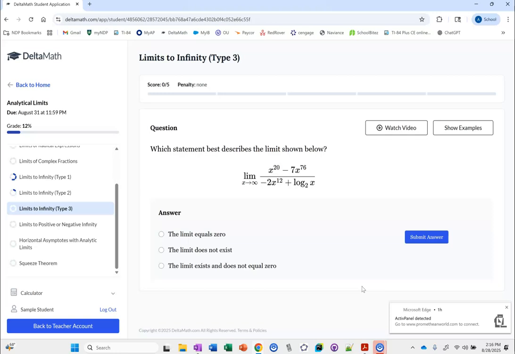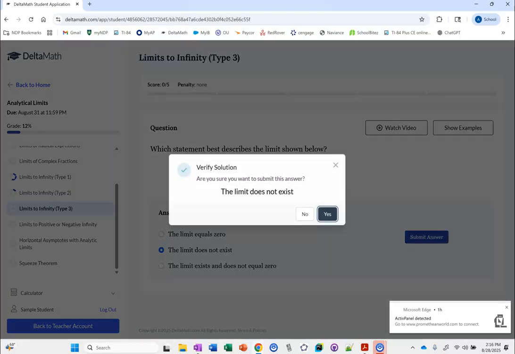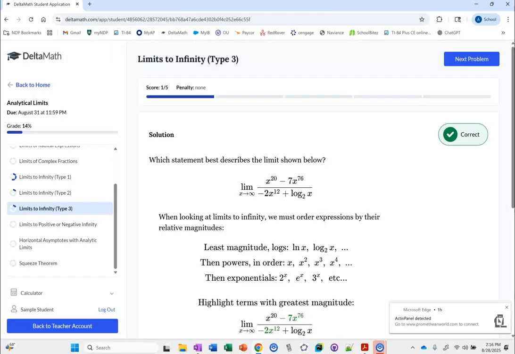So they want us to say does not exist, even though this would be going to, I have a negative over a negative, so that's a positive leading coefficient for an even degree. That should be going to positive infinity. Going off what you just said, if they're opposite signs, that means they're odd.